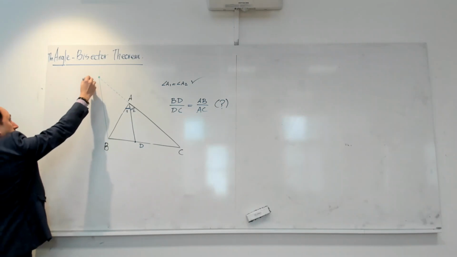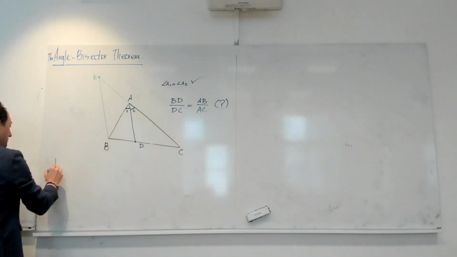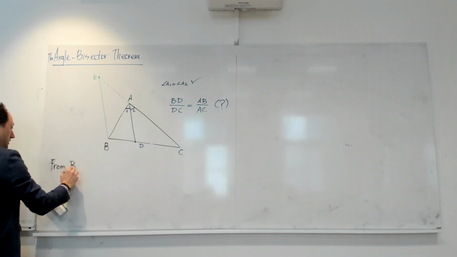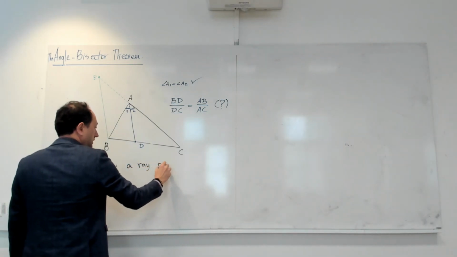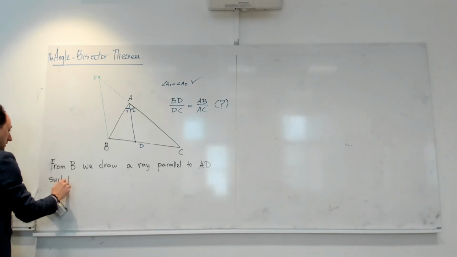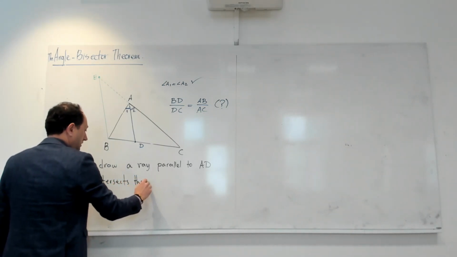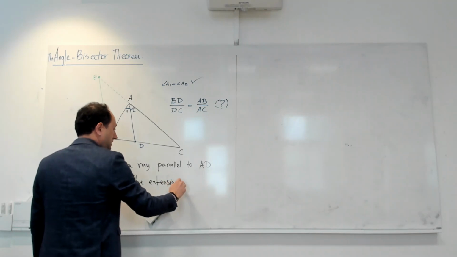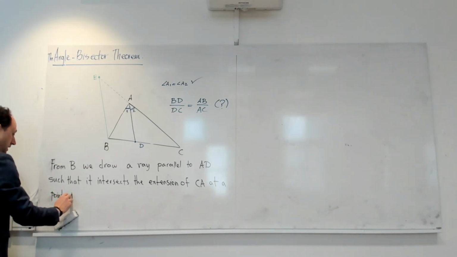So I would say that, let me call this point E. We draw from B a line or a ray parallel to AD such that it intersects the extension of CA at a point E, sorry.